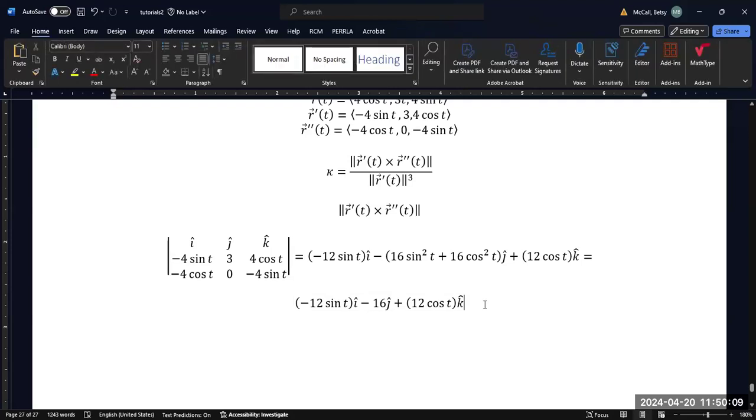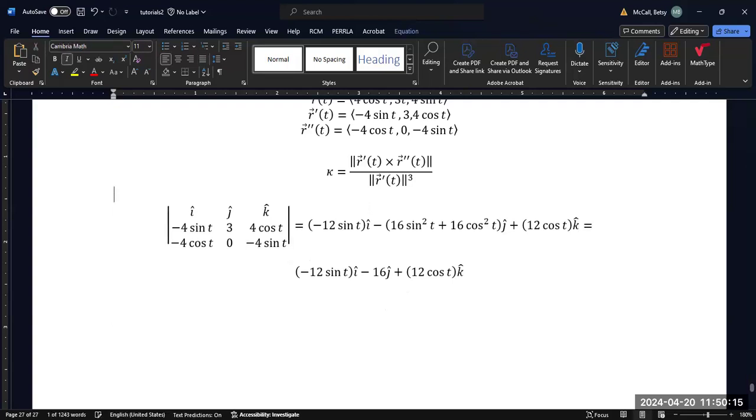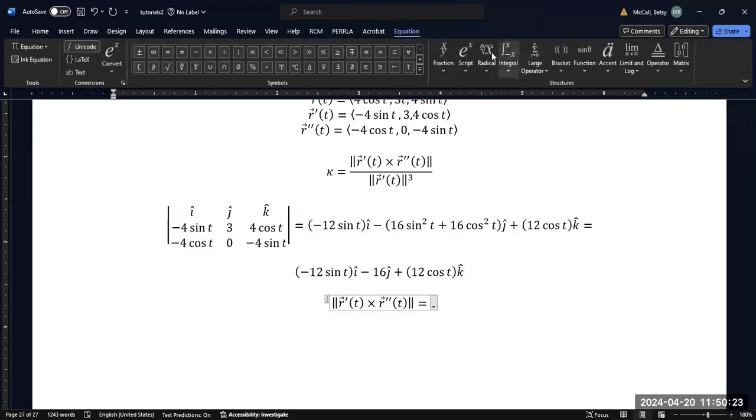Now I need to find my magnitude. And so that's going to be the square root of, well, 12 squared is 144 sine squared t plus 16 squared is 256 and 12 squared is 144 cosine squared t.